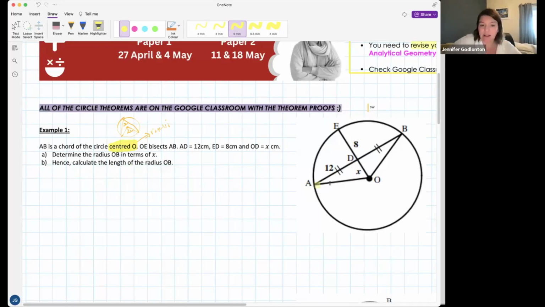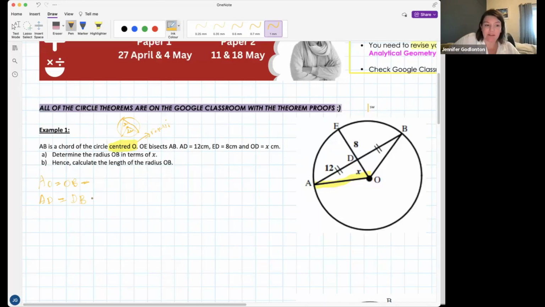As an example, that's one of my radii, AO. What is AO equal to? Good, OB, beautiful. Isn't AD equal to DB? Yes, beautiful. Let's write that in as well. So we know that AD is equal to DB.